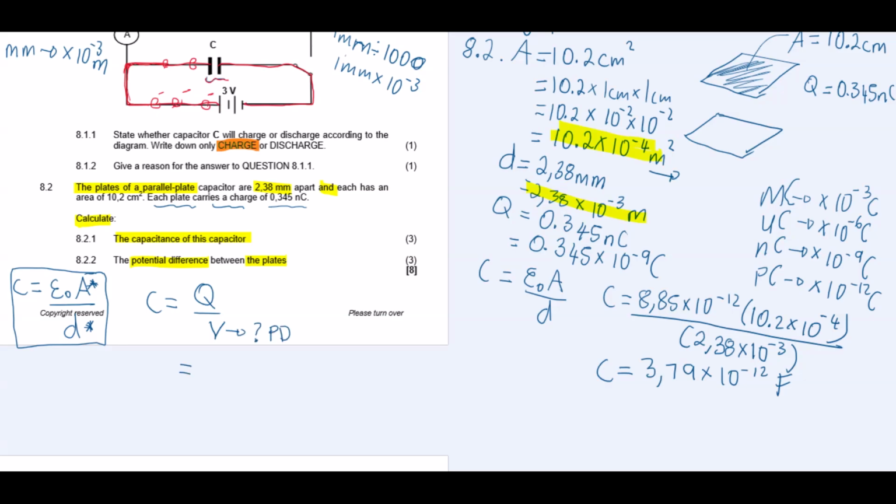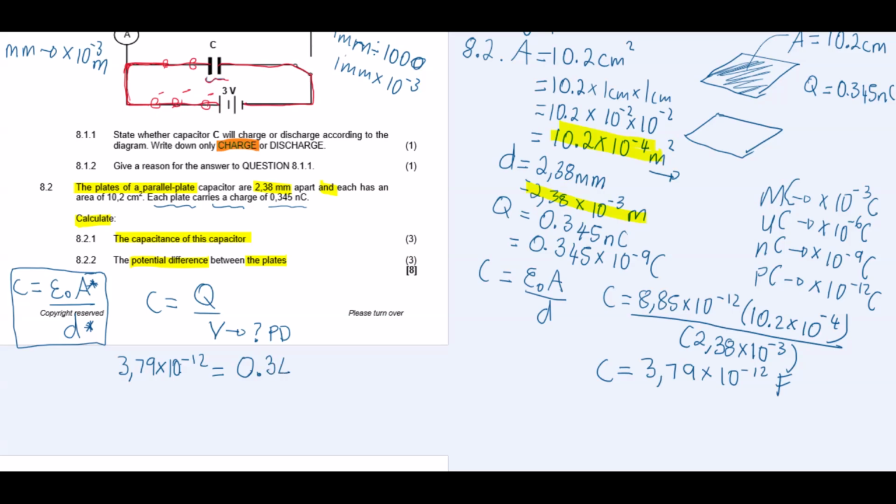Now they're looking for the potential difference. Potential difference is V. So to calculate the potential difference, we already have the capacitance, which is 3,79 times 10 to the power of negative 12 from the previous question. And what is the charge?